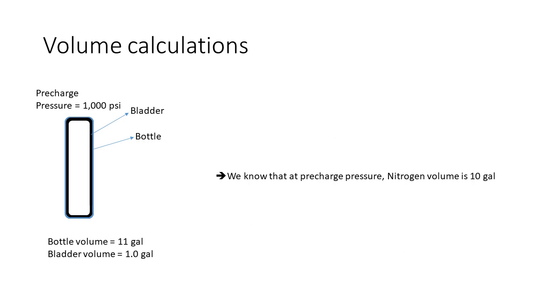Here we'll start looking at the volume calculations. The bottles that we have, they're 11 gallons, and the bladder inside the bottle is 1.0 gallons. That leaves us an effective 10 gallons. So when the bottle is pre-charged solely with nitrogen, the nitrogen volume is 10 gallons.